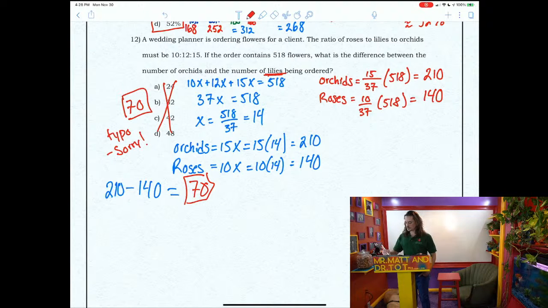Ooh, let's go ahead and think about this again then. So instead of roses, we want lilies. So what would we change? So instead of 10 over 37, we're going to have 12 over 37. Let me change these here.